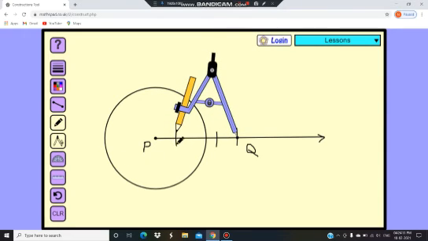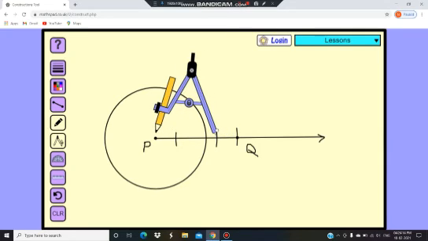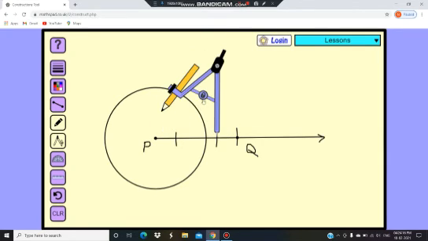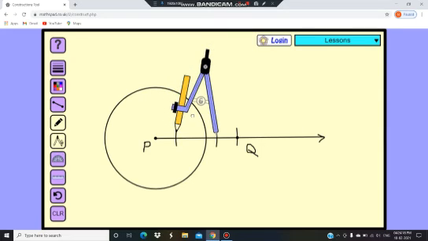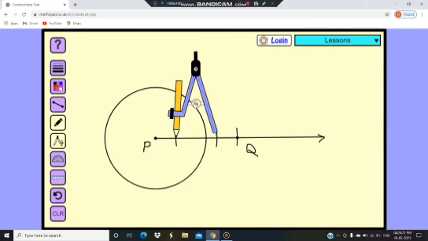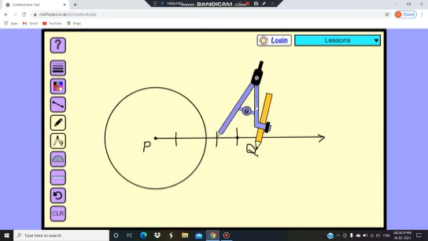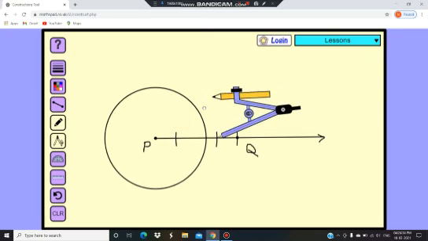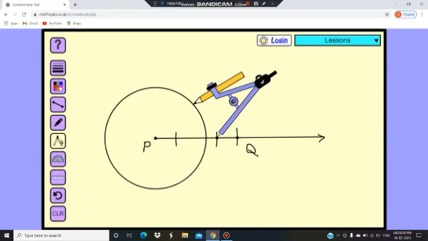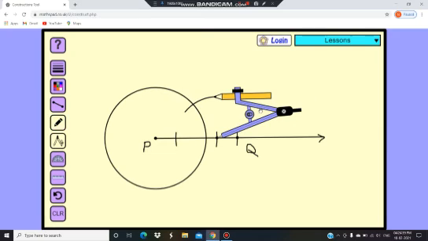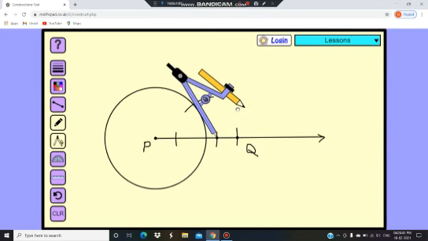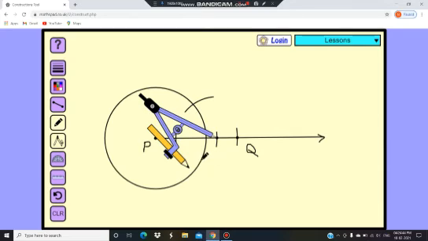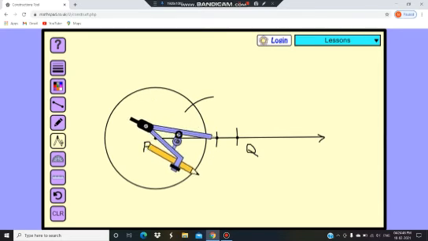Okay, now we got these two intersecting arcs. Now take the distance between these two intersecting arcs. Whatever the two new arcs we drew, take the distance between these two arcs, and upside and downside of this PQ we have to draw two arcs. So upside draw one arc, and with the same distance in downward also we have to draw arcs.